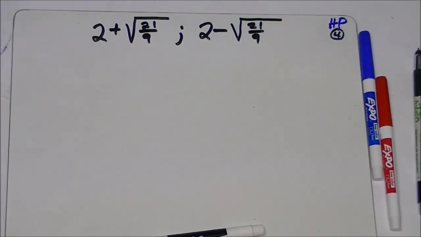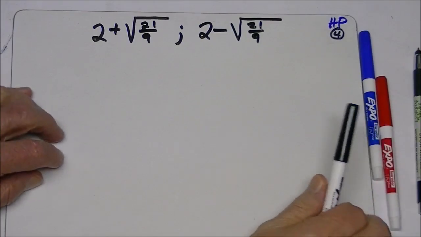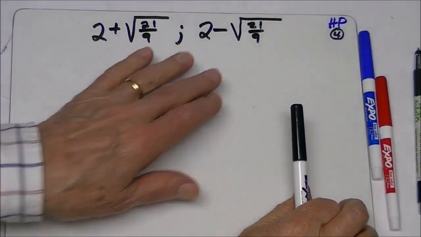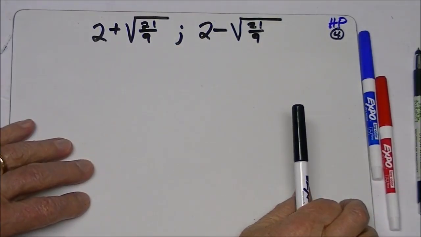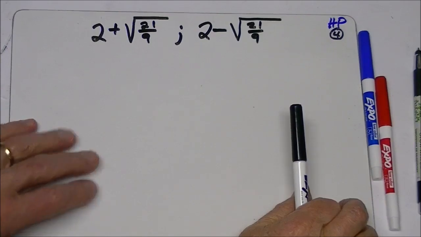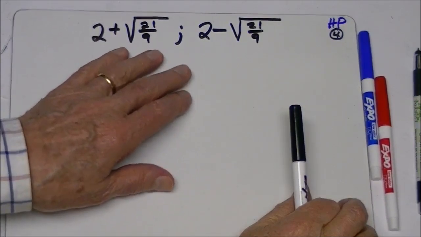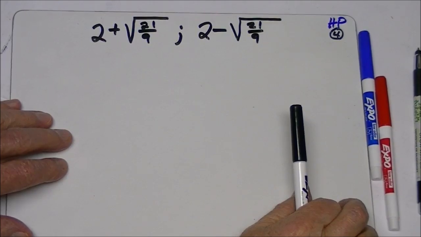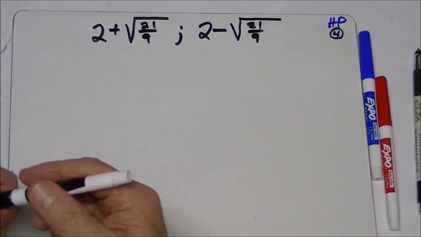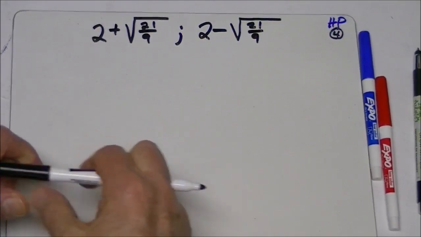I was working on this example today in which these are the answers, and we're looking for what was the original equation of this. So this is a little bit different than one we've done in the past.